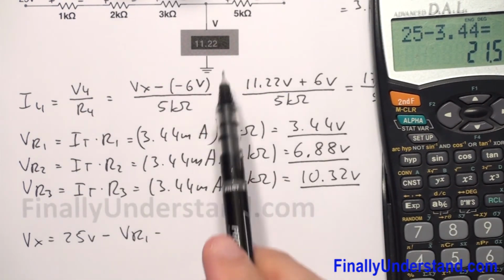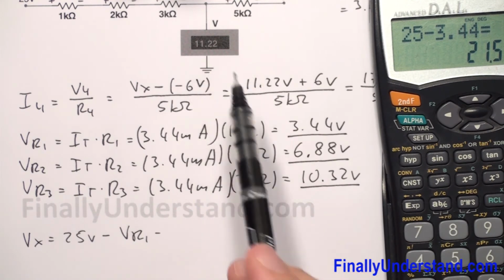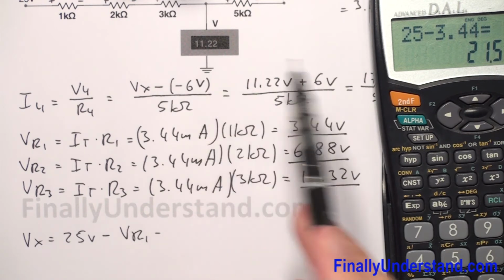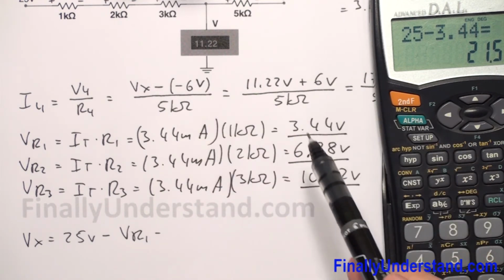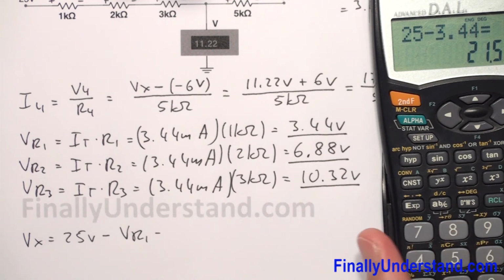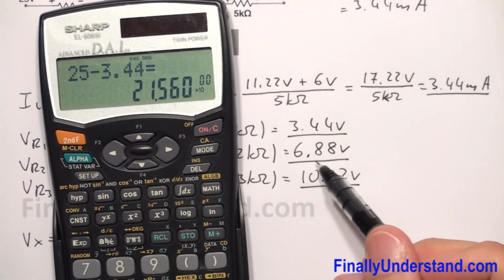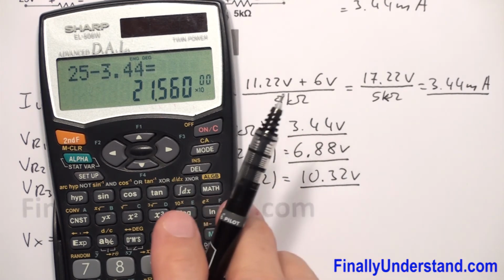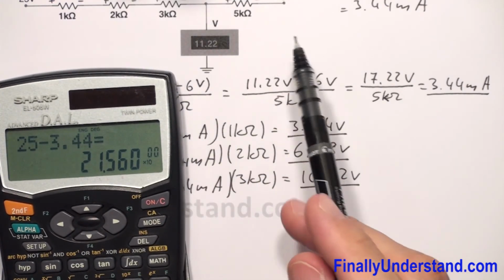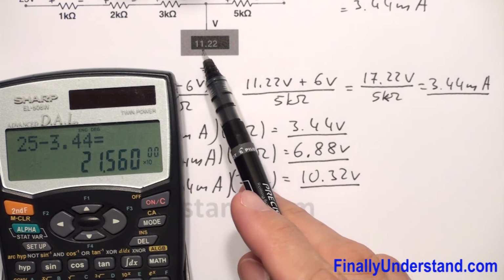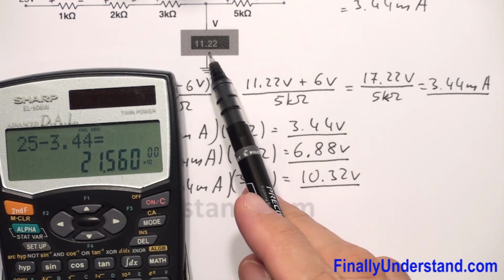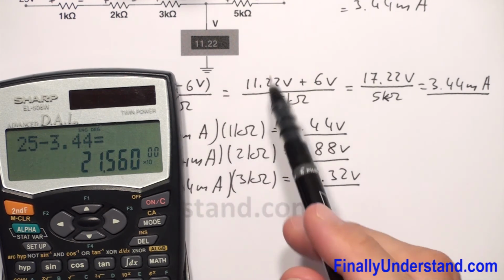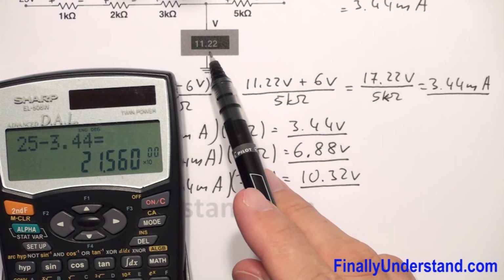So I still have room to subtract something else in order to obtain 11.22. From this voltage I can subtract also 6.88. If I subtract 6.88, I'm going to have a little bit more than 11.22. If I subtract 3 of them, I'm going to have much less than 11.22.